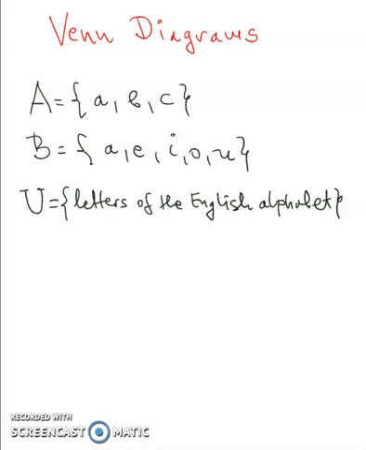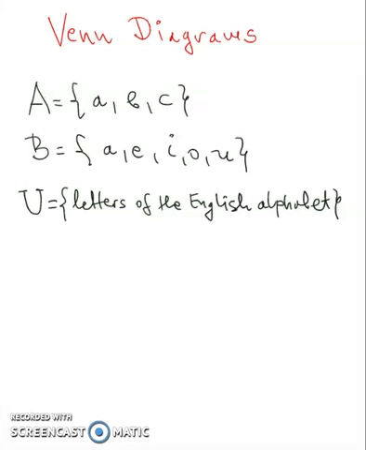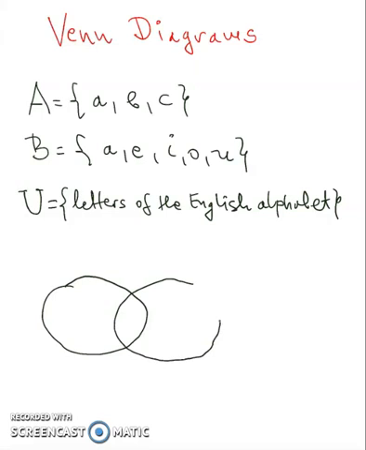Next thing that we want to do is to try to represent this using Venn diagrams. So, there's a circle for set A, and the most general position for set B will be position that intersects set A. So this is set A, this is set B, and then we need the universe as well.